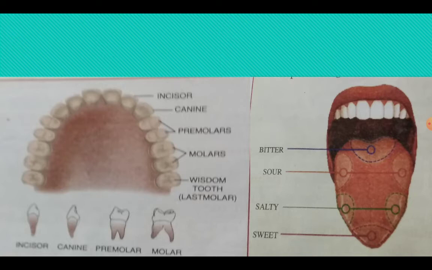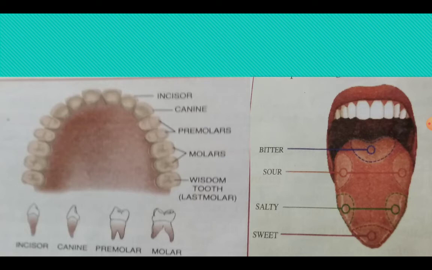As you can see, the first 4 teeth are the incisors in each jaw. There's the canine, the premolars, the molars, and the last tooth, the wisdom tooth. The same is on the other side of the jaw, and the upper jaw and the lower jaw are the same.